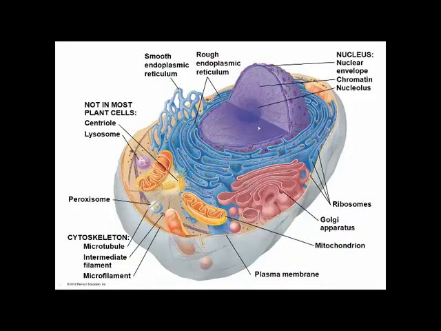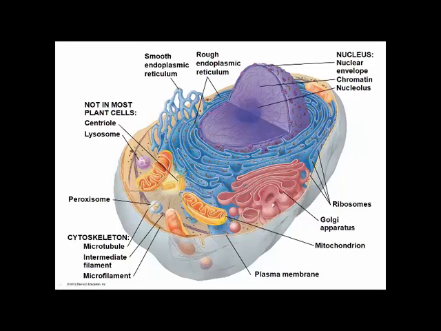I have a picture of both a plant and animal cell, and next, also a plant cell, and I'm pointing out this extension from the second outer membrane of the nucleus. This extension right here and also this one, these are called the endoplasmic reticulums, or the rough and smooth ER.